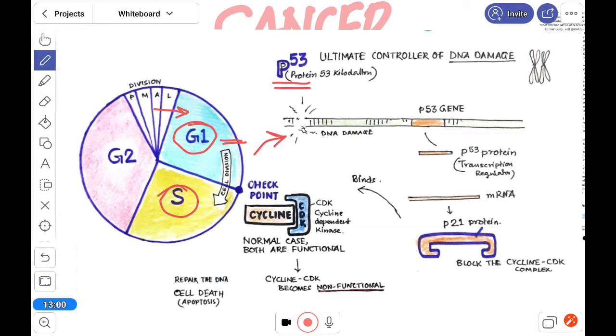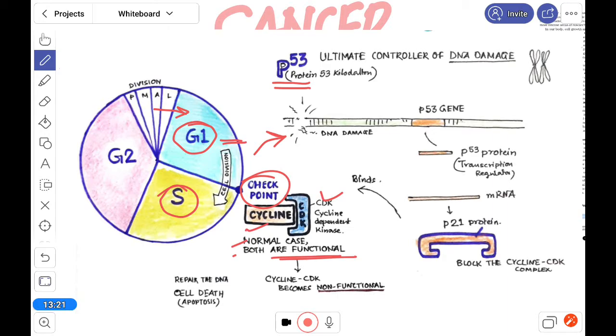In normal cases, look here, this is the checkpoint, and here are the cyclin and the cyclin dependent kinase, CDK. Both are available, and in normal cases both are functional.